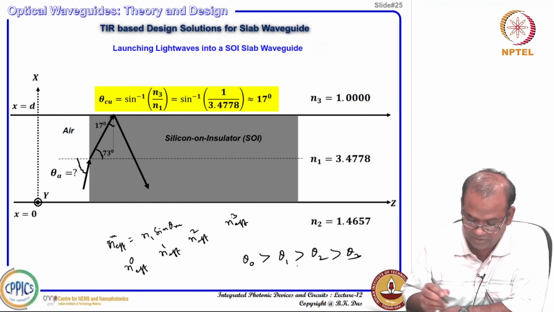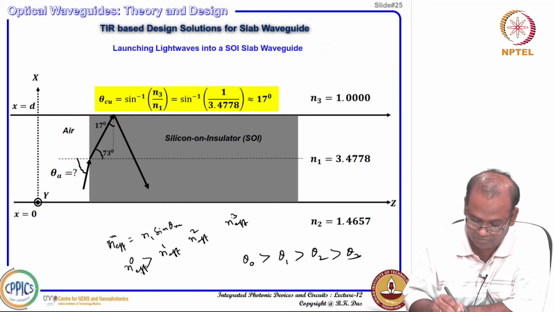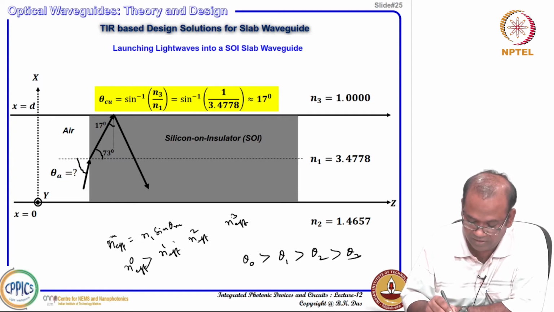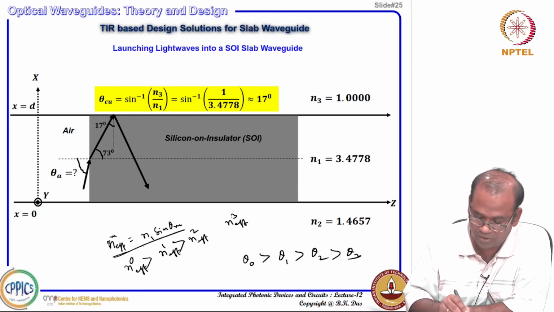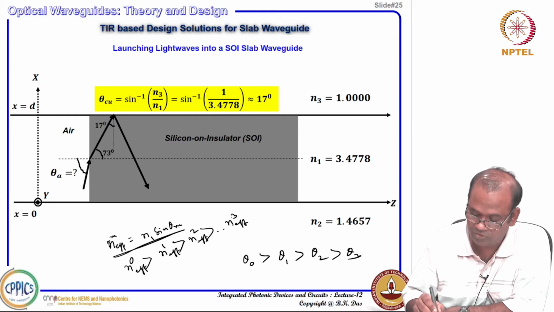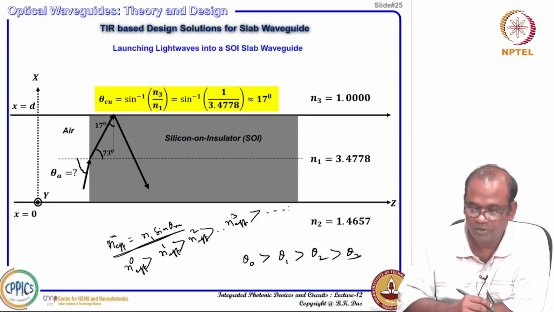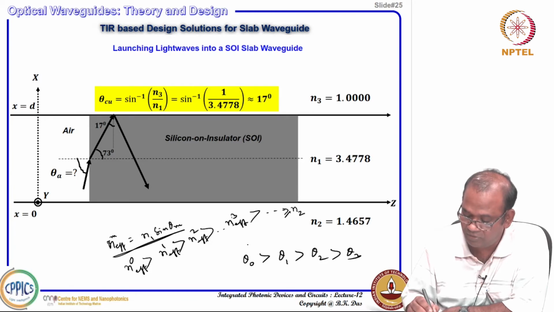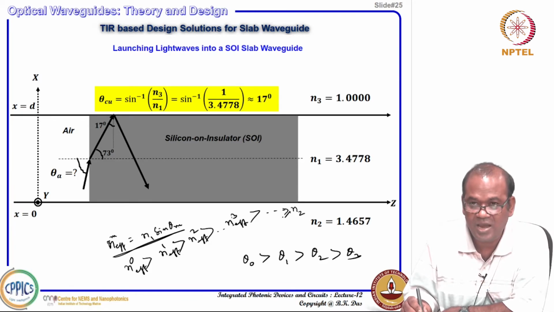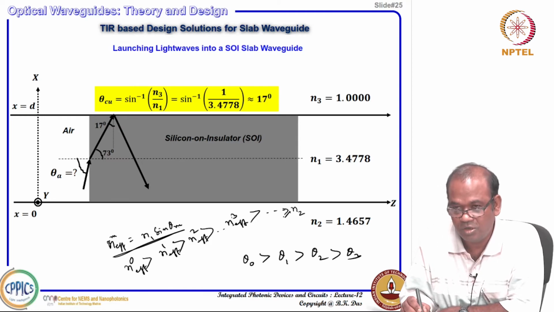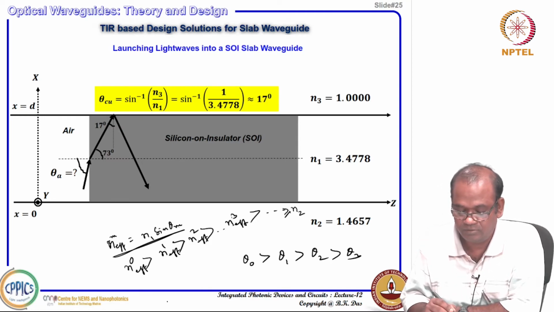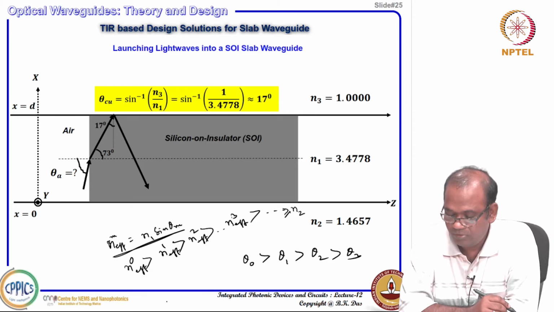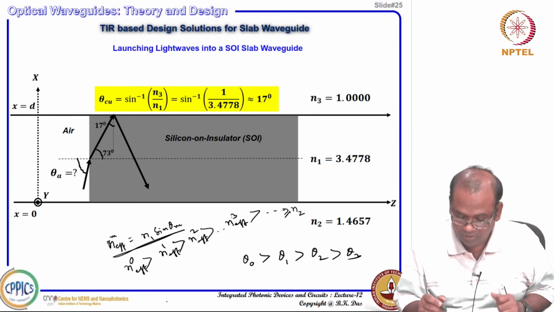So, if that is the case, we can say that n effective naught will be greater than this one, because theta naught is higher, and so on you will be getting. In this way you can find a solution when n effective is exactly greater than some value, exactly n 2 or slightly higher, that will be the highest order mode that can be supported by the slab waveguide. Okay. Now, we know how to calculate n effective.